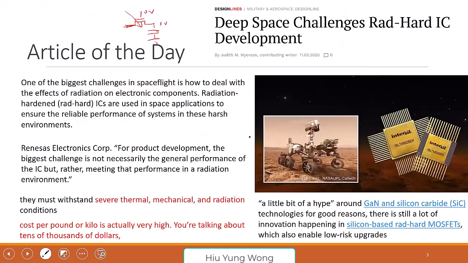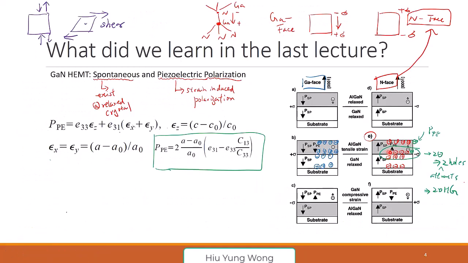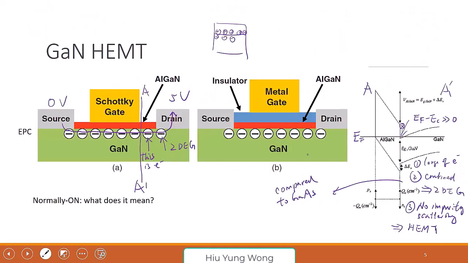We have done a lot of exercise to show that this one is negative. For this one, we are talking about this one now: a lot of positive on top and negative here. So overall, I have lots of positive charge. Because of this positive charge, I have this bending, so that I induce a lot of electron here.